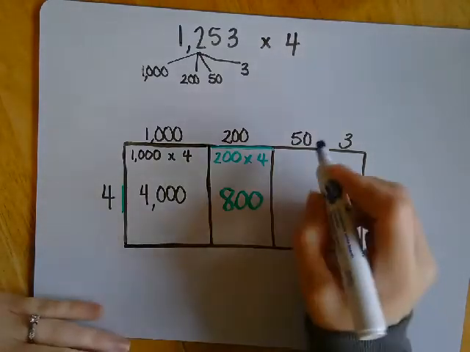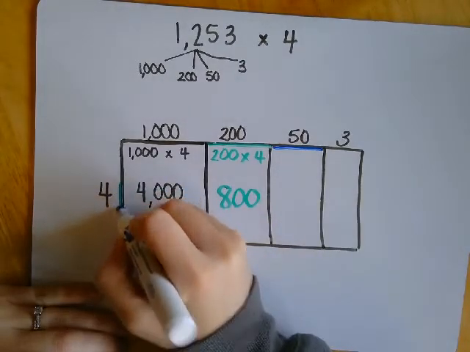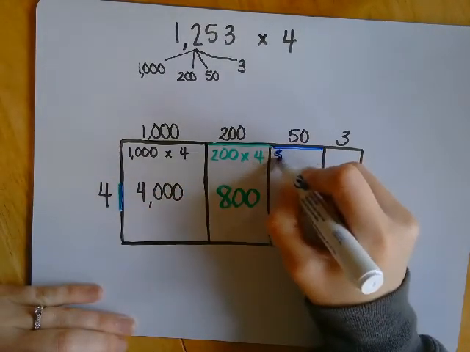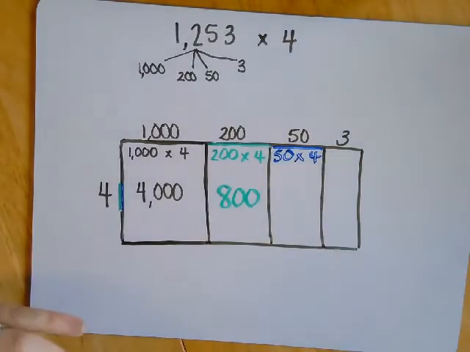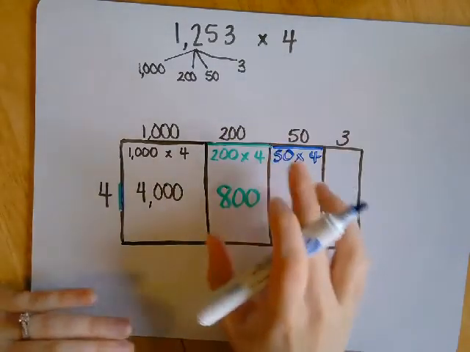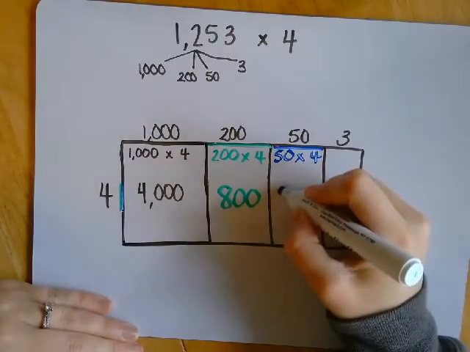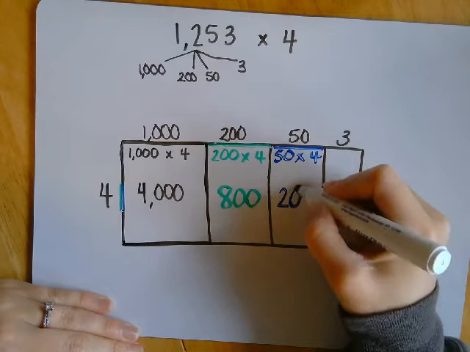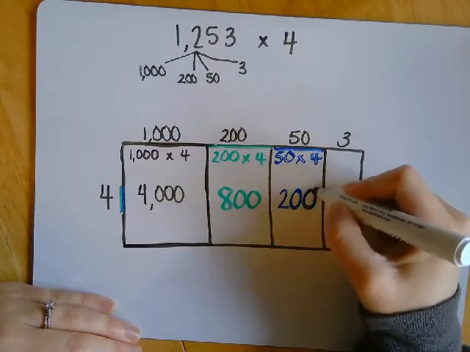This next box is going to be 50 times 4. I can think of that as 5 times 4, which I know to be 20. But because we are multiplying by a 10, I need to add an additional 0.